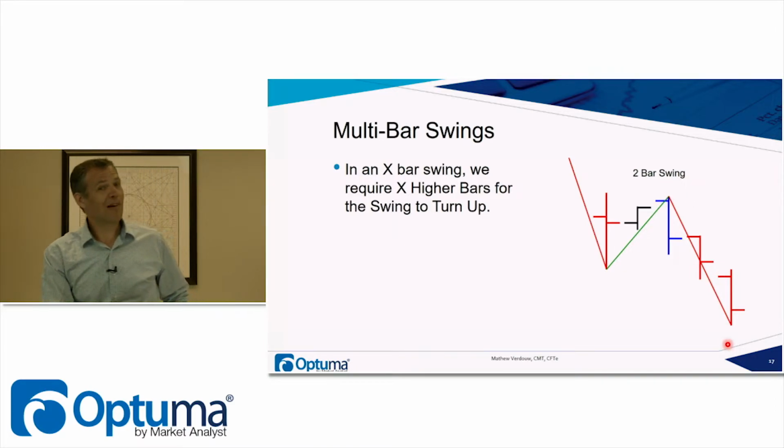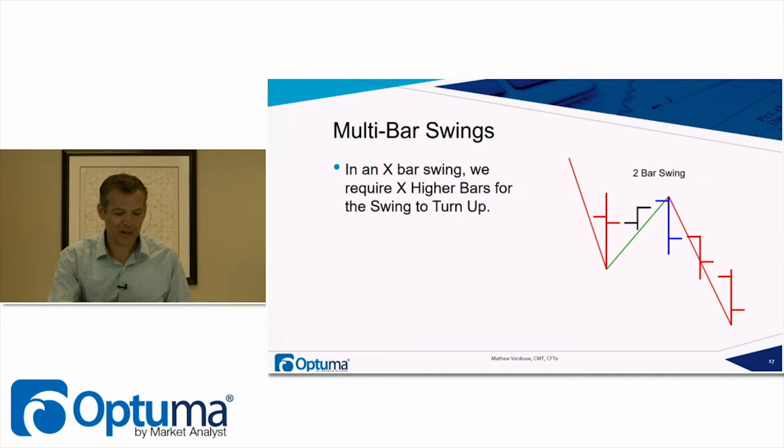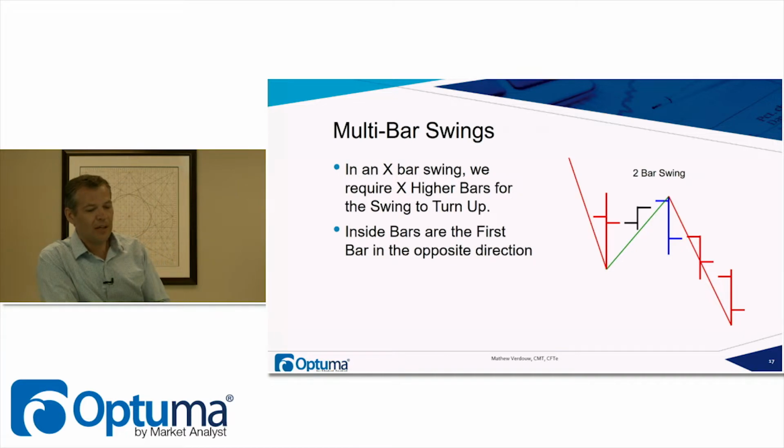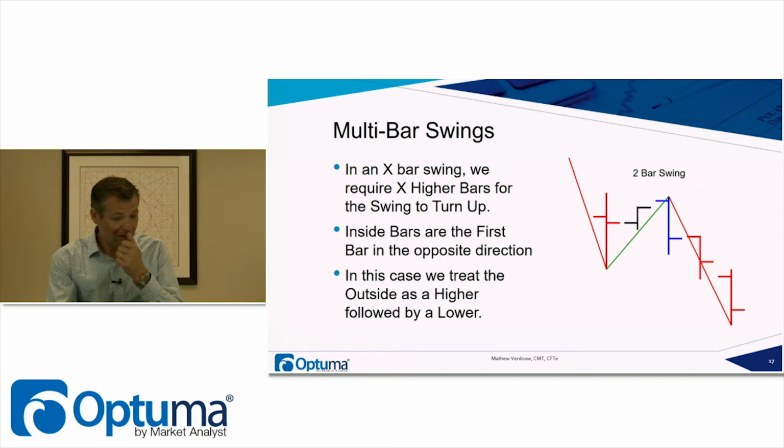So it wasn't a great indicator of a change of trend, but nevertheless that's how this one worked. Inside bars are the first bar in the opposite direction. In this case, because the outside bar got followed by a lower bar, we treat it as a higher bar followed by a lower bar. And so the swing went up and then down.